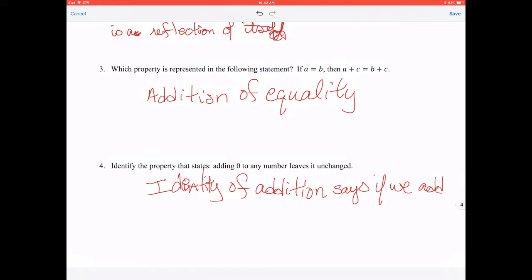Identity of addition says that if we add 0 to any number, we get the number we started with.